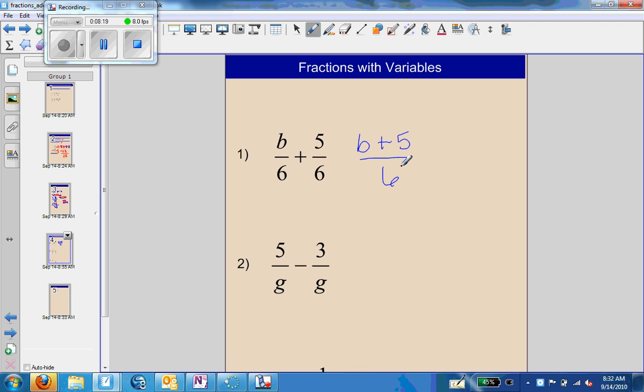So we add our numerators and we keep our denominator. In this case, our denominators were already the same, so we just added our numerators and we kept our denominators. You can't do anything else because b and 5 are not like terms, so you cannot add those together. So that's our answer.